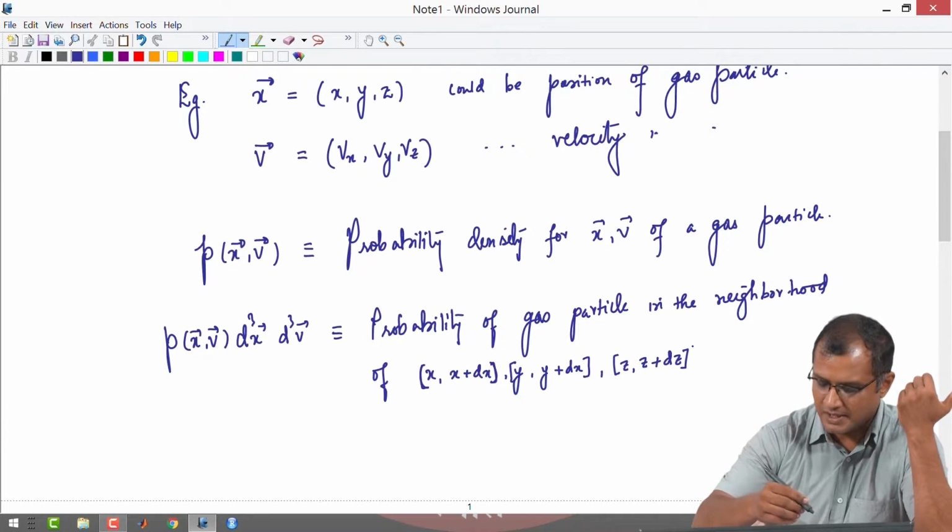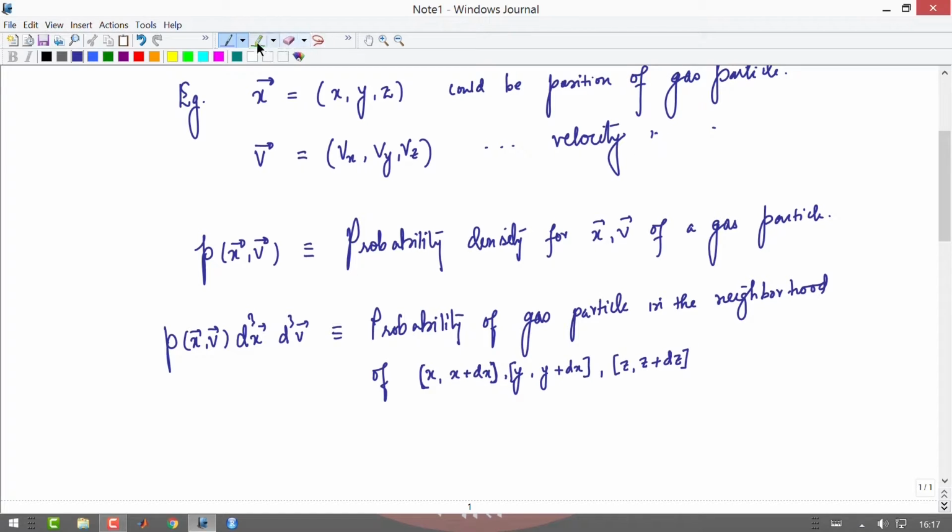These are like the values of positions, and the velocities are within the range Vx to Vx plus dvx, and the y component of velocity is in the range Vy to Vy plus dvy, and the z component of velocity is in the range Vz to Vz plus dvz.